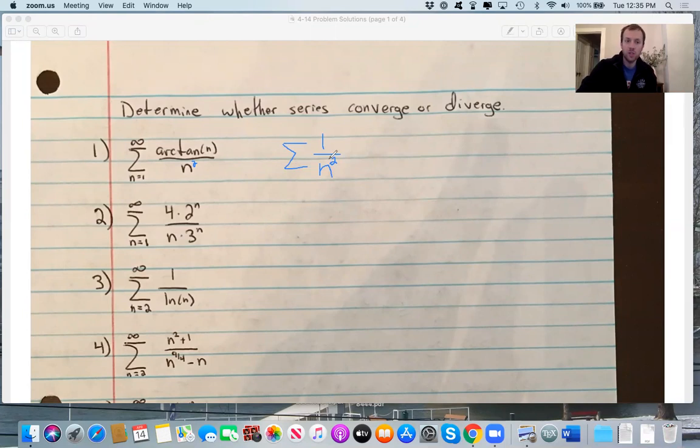This series converges, and the limit you would make would be basically the same as the limit that we saw below. After cancellation, you would get arctangent, and that goes to pi over 2. So then you would say that since this series converges, this series also converges. So the limit comparison test isn't saying really converge or diverge, but it's saying whatever the one series does, the other series does too.